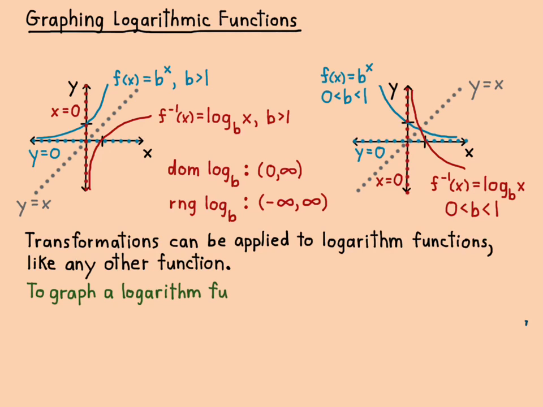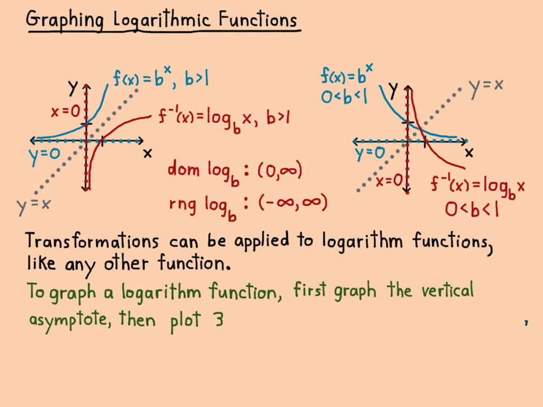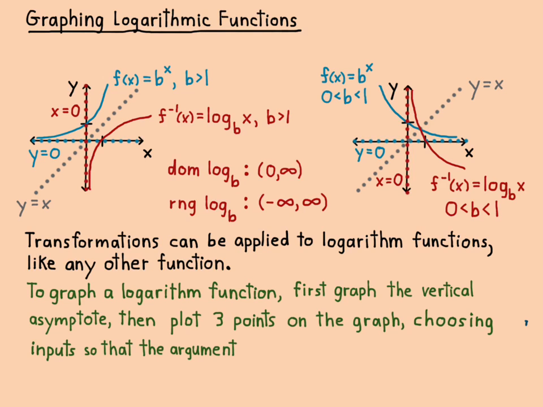Right, so to graph a logarithmic function, first, we want to graph the vertical asymptote, then plot 3 points on the graph, and you want to choose your inputs so that the argument, the part that's plugged into the log base b, is a power of b, and that's because then the log base b and the exponential function base b will cancel, and you'll just get the exponent.